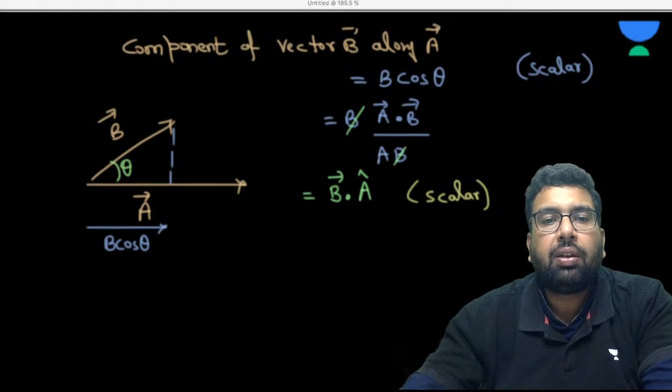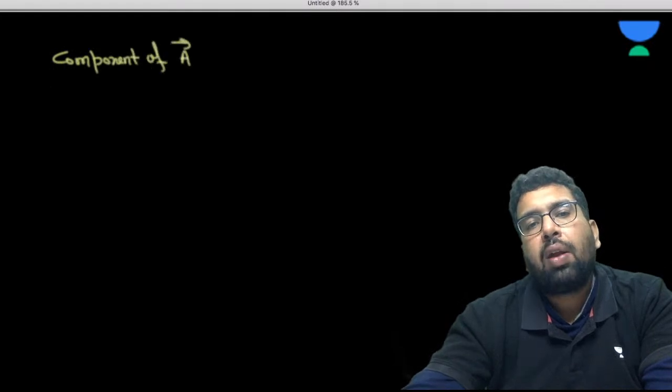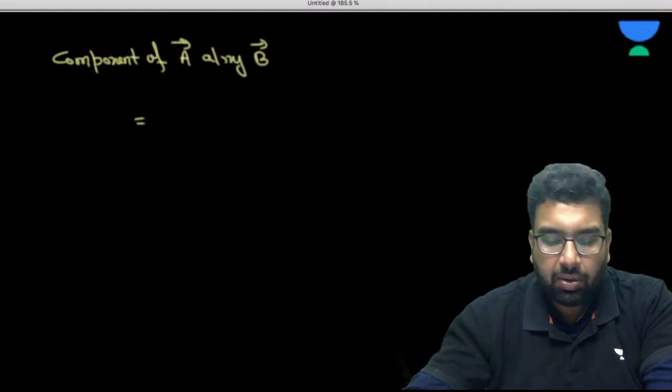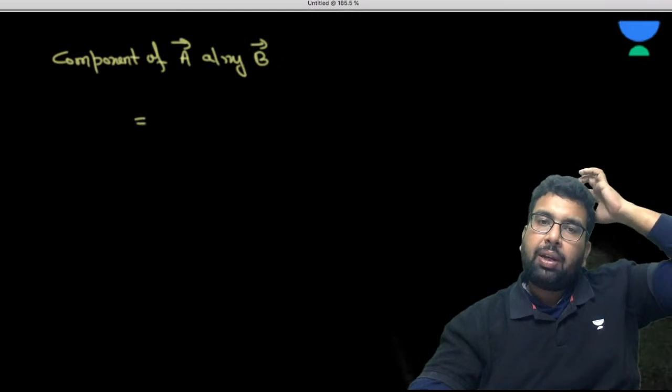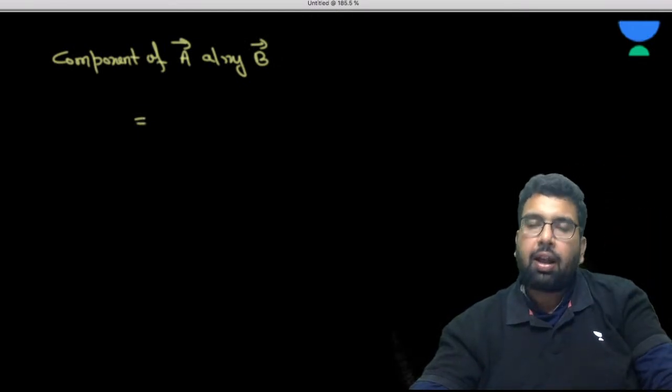Now, similarly, if I ask you, like right away, I want you to write the component of A vector along B vector. Component of A vector along B vector, what will it be?